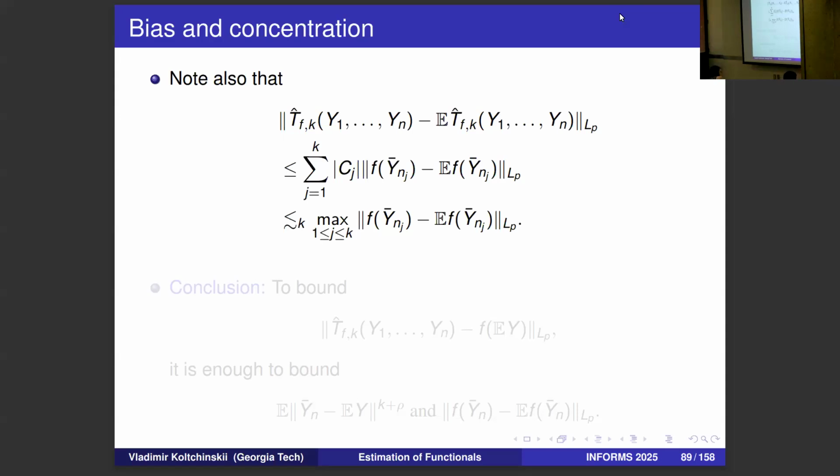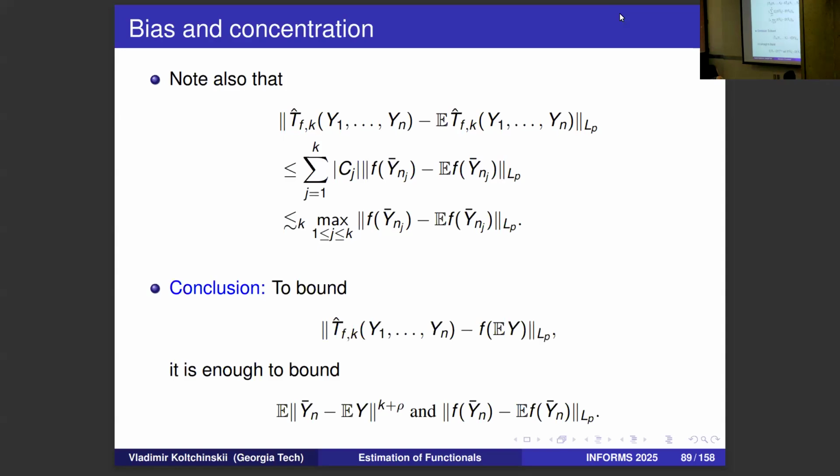Okay, so at this point, we just need to have for our estimator these two bounds. One bound will be on this guy, and another bound will be on the norm of the deviation of the sample mean from the true mean. And another bound should be proved on concentration of plug-in estimators, and then we know how the estimator behaves or can obtain bounds on our estimator. Okay, I will talk about only one example in what follows.